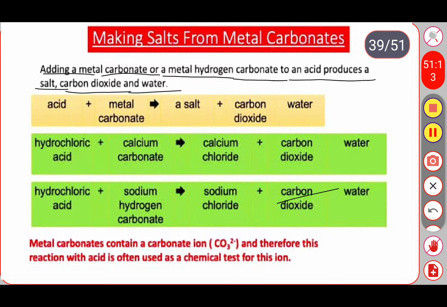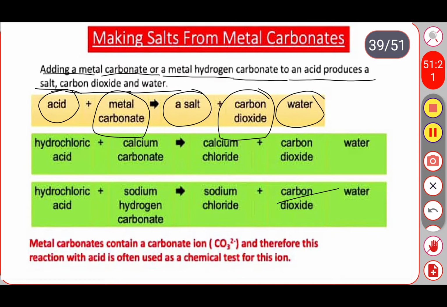Here two examples are given. Hydrochloric acid combined with calcium carbonate forms calcium chloride, carbon dioxide and water as products. Similarly, when hydrochloric acid is combined with sodium hydrogen carbonate, it forms sodium chloride, carbon dioxide and water.